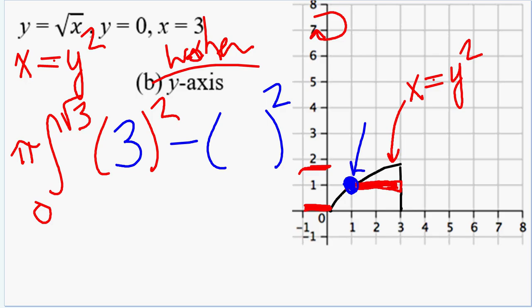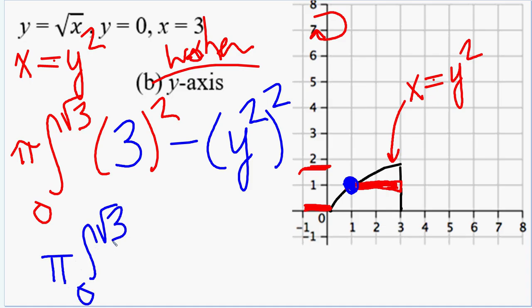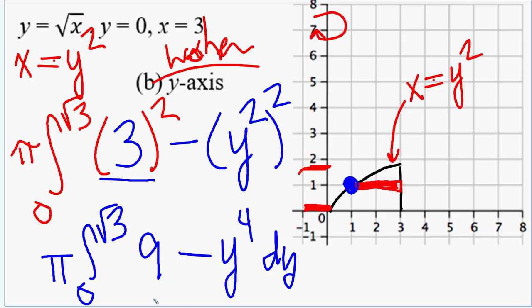So right here on our representative rectangle, the left side of it, that is the closer one to the axis of rotation, and that is touching the curve, y squared. So we're going to have our pi integrate from 0 to root 3. 3 squared is 9, minus y squared squared is y to the 4th. So there's our setup. We would just antiderive each of these terms and then evaluate from 0 to the root of 3.